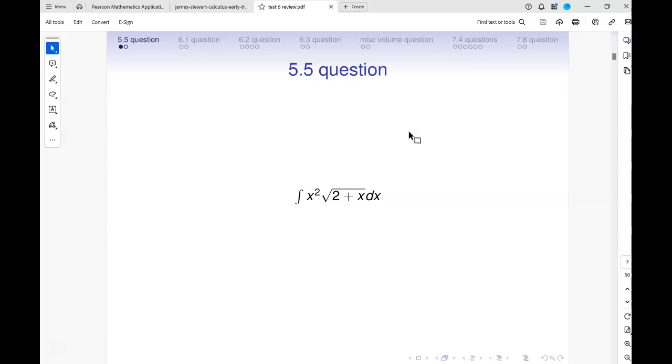I'll walk through a lot of the detail. What you're seeing here are representative examples of what you might see on the test.